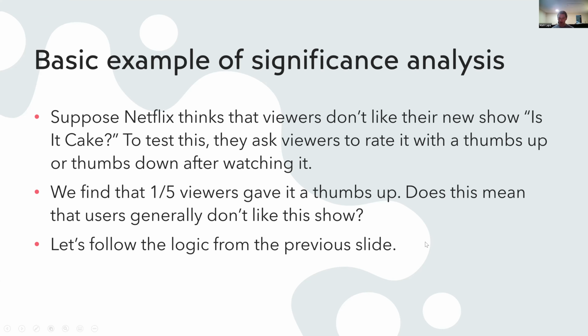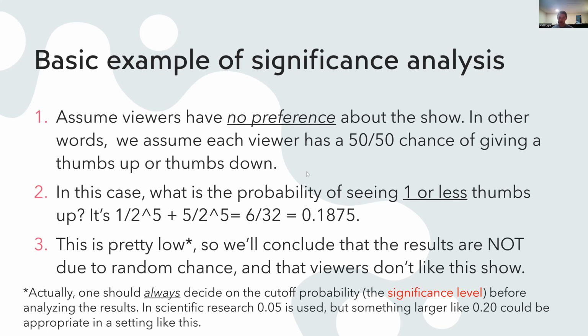Okay, so we're going to follow the logic from the previous slide and try to quantify this number of only 1 person giving it a thumbs up. So like before, the first step is, let's assume that viewers actually have no preference about the show.